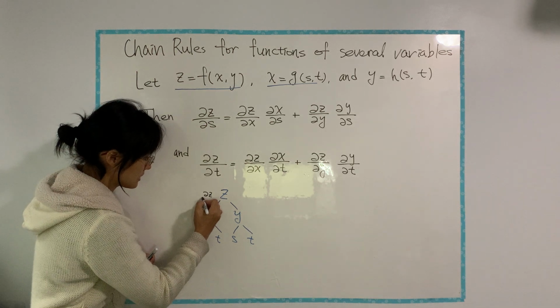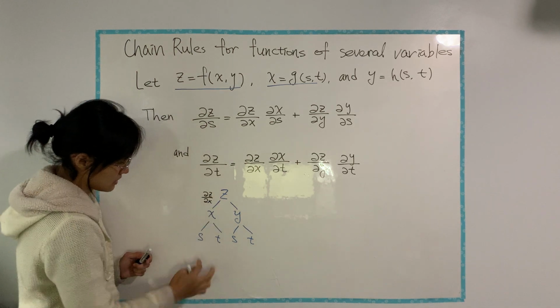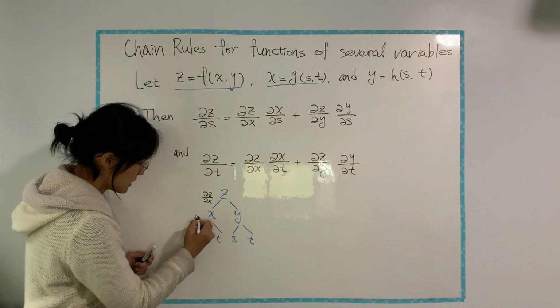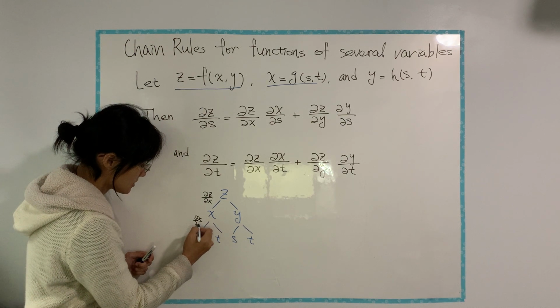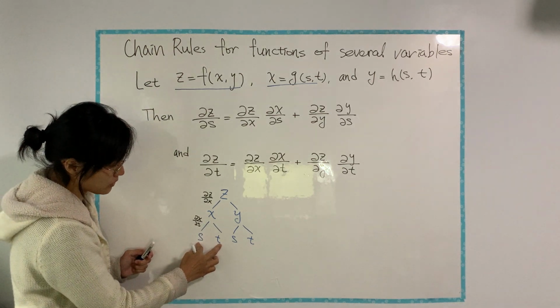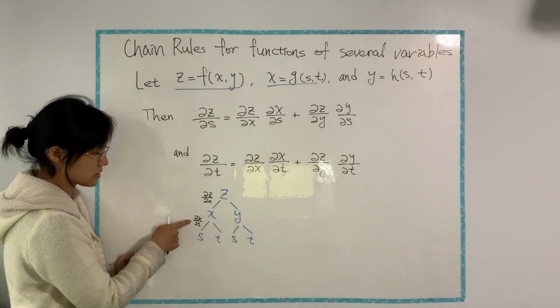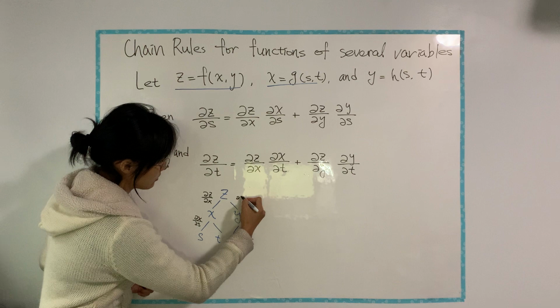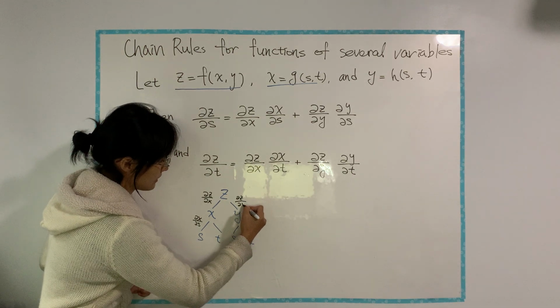This will represent dz dx, and down here this is the stick connecting x and s, and because we have two variables, we use the notation for partial derivatives. And over here I would have dz dy.